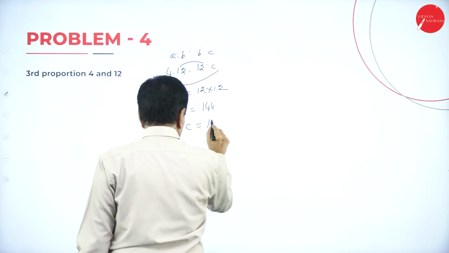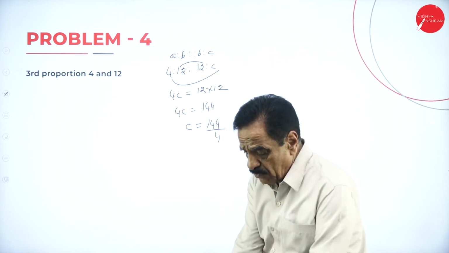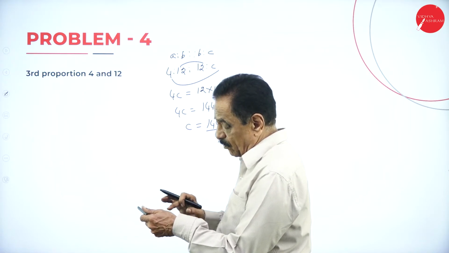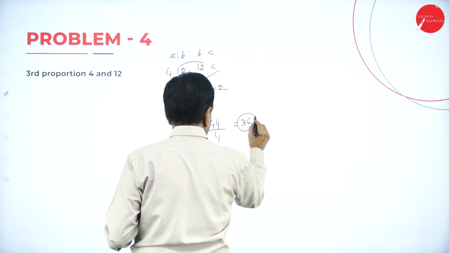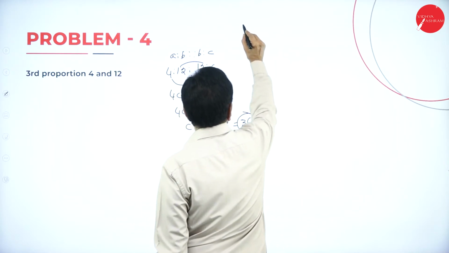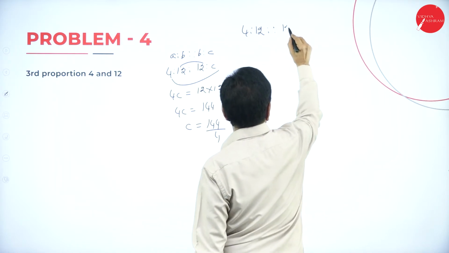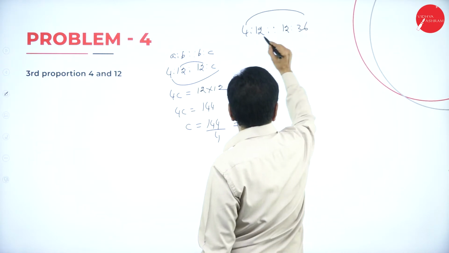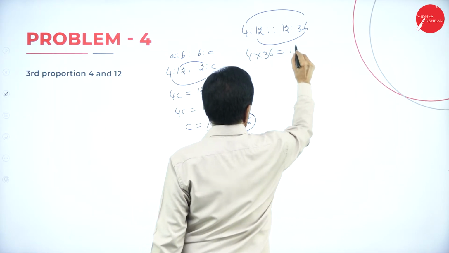C is equal to 144 divided by 4, which is 36. So the numbers are 4 is to 12, 12 is to 36. First and last, second and third: 4 into 36, 12 into 12.